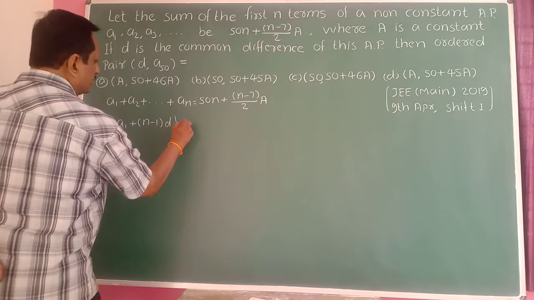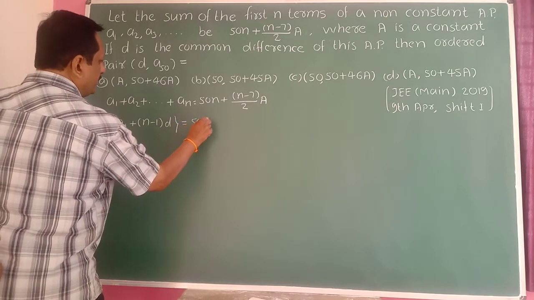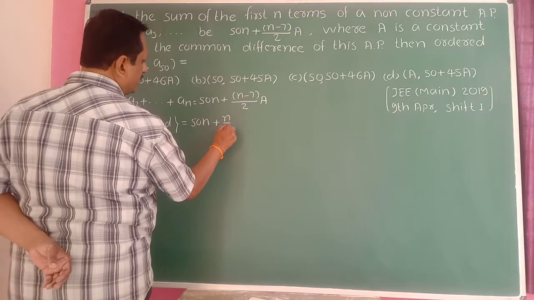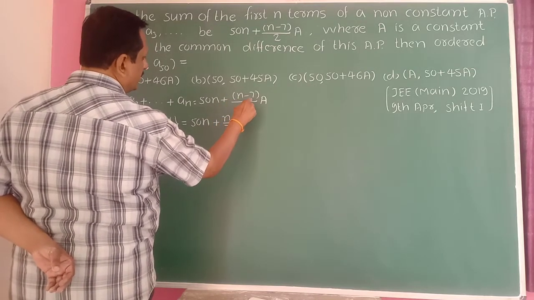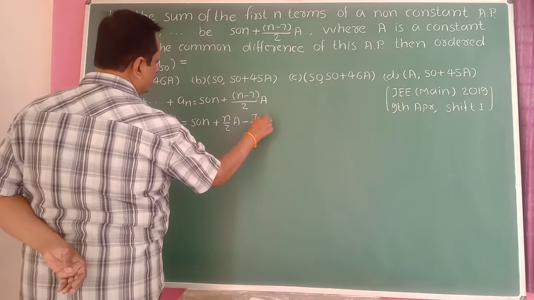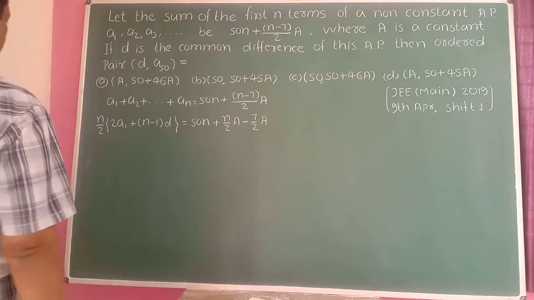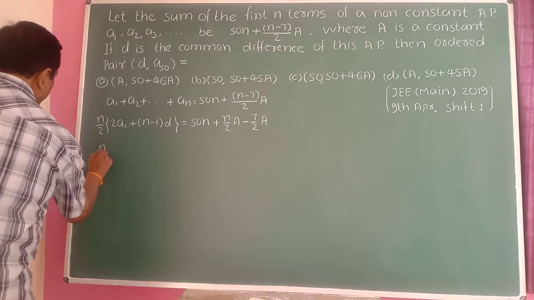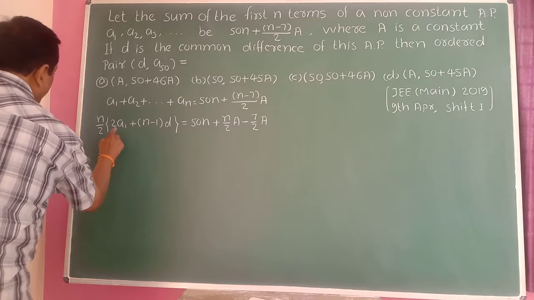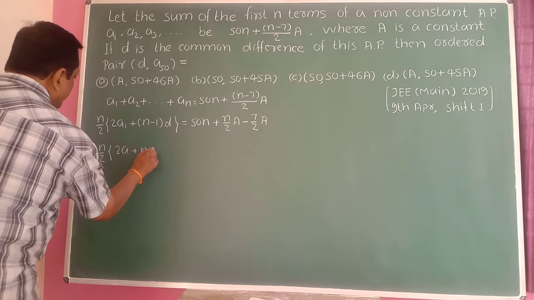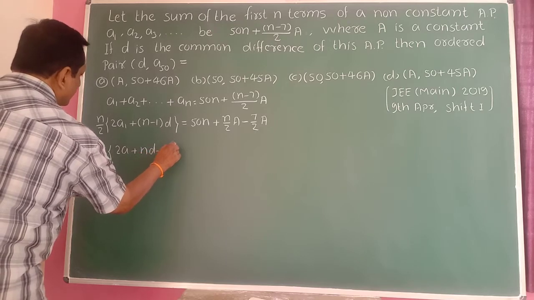Then this is equal to 50n plus n upon 2 into a_n, divided by 2a minus 7 upon 2a. Therefore, here take d inside the bracket. n divided by 2 into bracket 2a1 plus n into d becomes nd minus d.